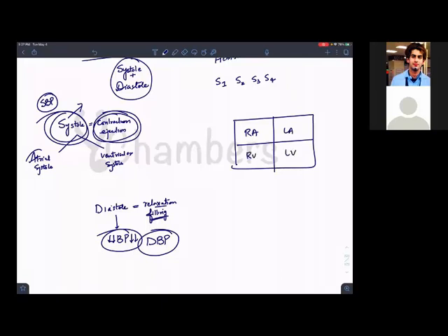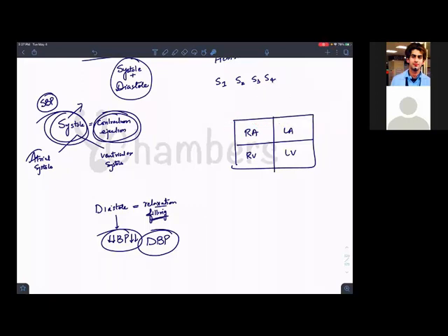Now see guys, if I want to show with this marker, let me take a red. See guys, when atria is contracting, I will say atrial systole.